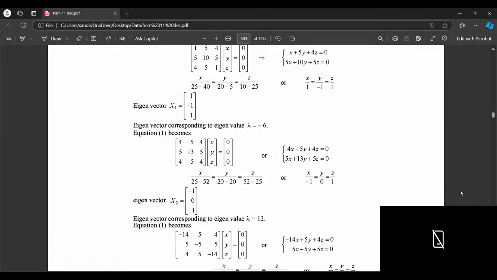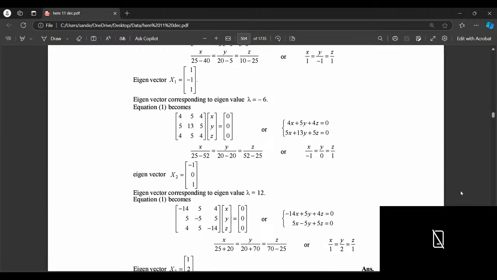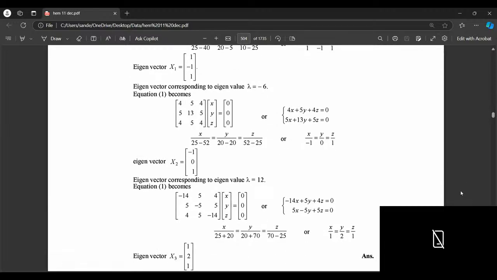Means first and last row are same, but middle row is different. Means two different equations. First equation 4x plus 5y plus 4z equal to 0. Second equation 5x plus 13y plus 5z equal to 0. So using Cramer's rule, second eigenvector minus 1, 0, 1 you will get.